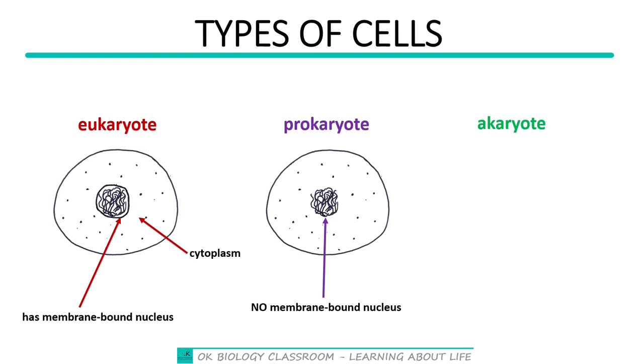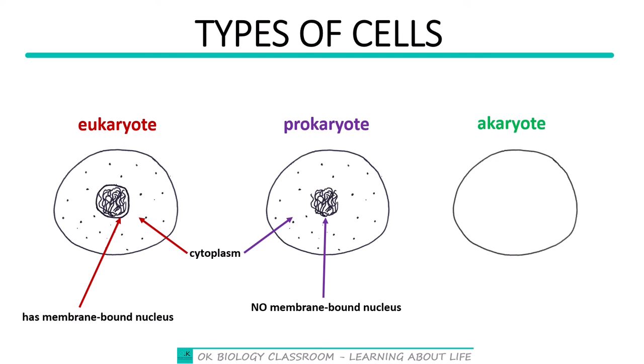So we say that they do not have a membrane-bound nucleus. But yes, they also have cytoplasm, just as eukaryotes have. So the main difference here has got to do with the eukaryotes having a membrane-bound nucleus, the prokaryotes having no membrane-bound nucleus. Then finally, we look at the akaryotes.